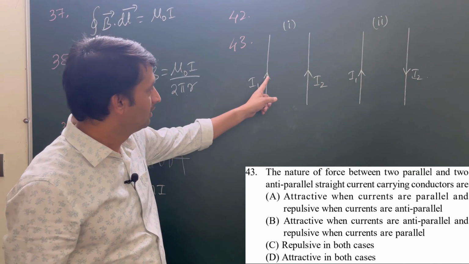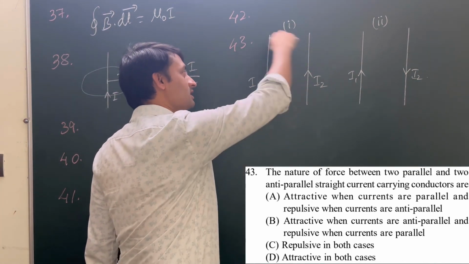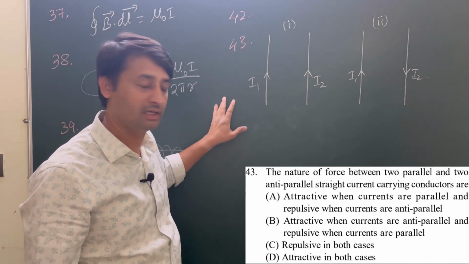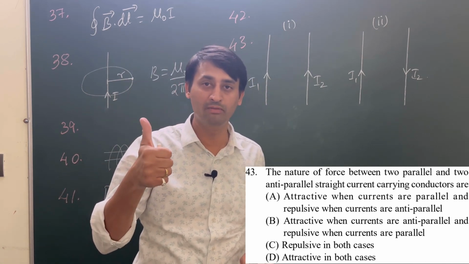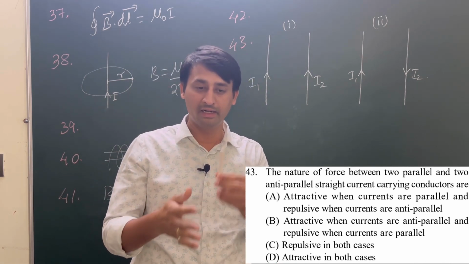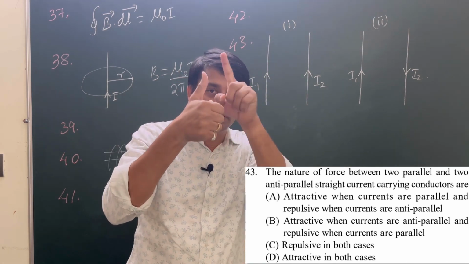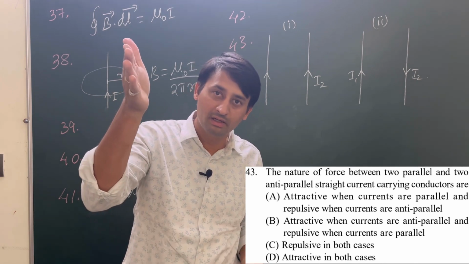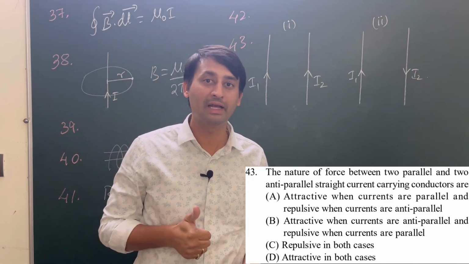Here, this conductor will produce a magnetic field around it. The direction of the magnetic field is given by the right hand thumb rule. If we hold the conductor in our right hand, the extended thumb gives the direction of the current, and the direction in which we close our fingers gives the direction of the magnetic field.